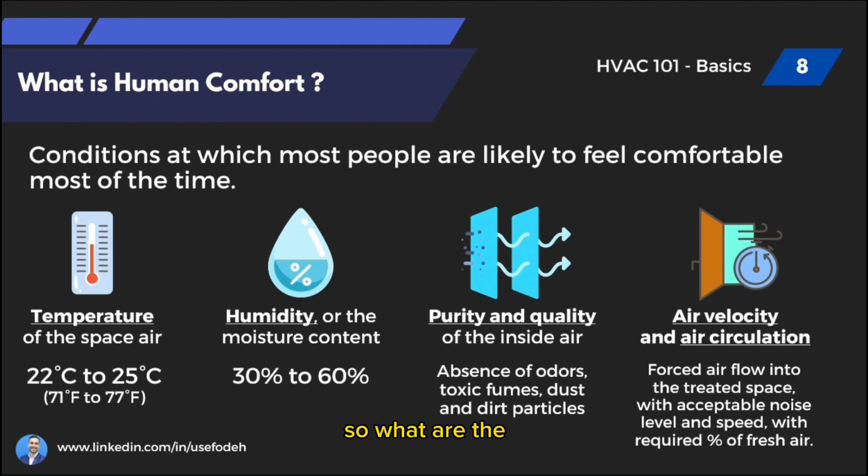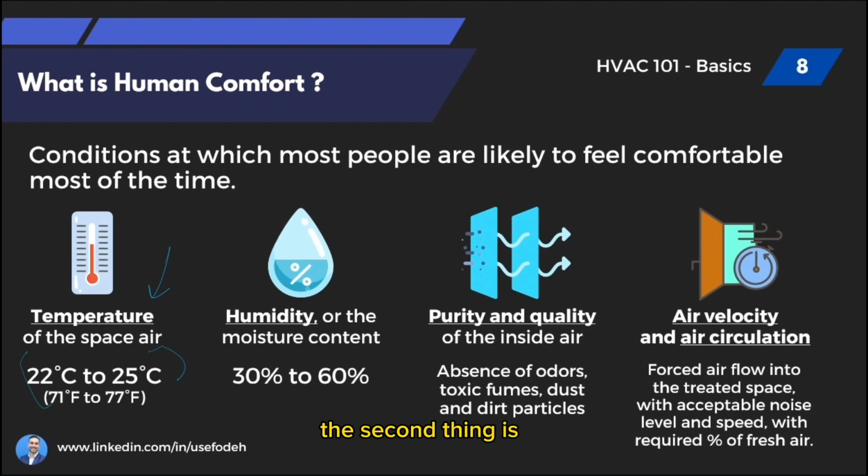So what are the parameters to achieve that human comfort? The temperature, which is number one. The range is usually 22 to 25. Sometimes in winter it reduces a bit due to the different activities of people or the method of wearing the attire itself. So this affects it.